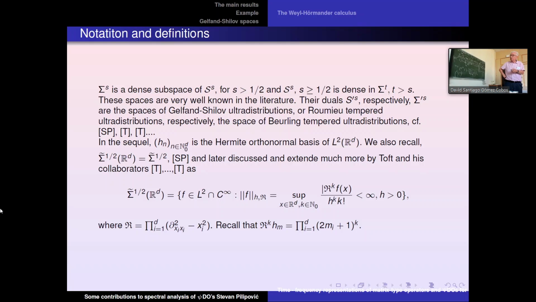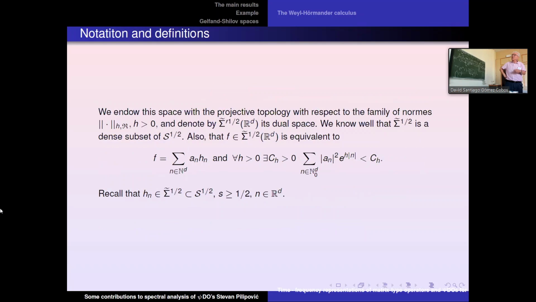So this is well-known space. I mean, somehow interesting to some people. And so we know that this now tilde, which is not empty, is just dense subspace of that one.